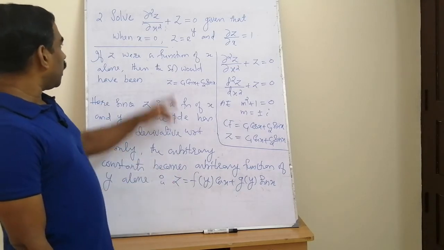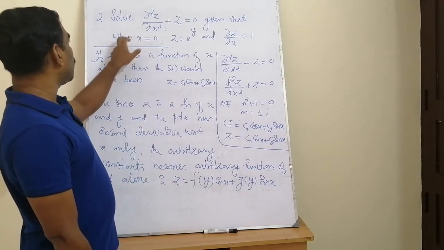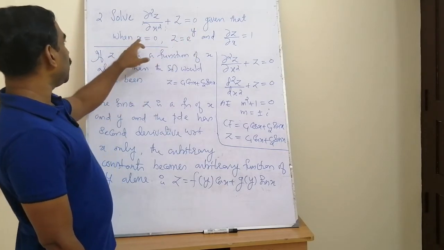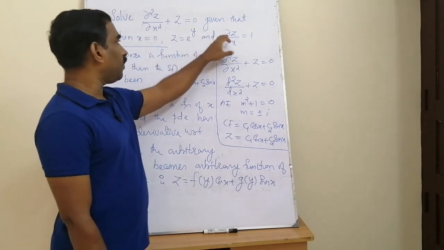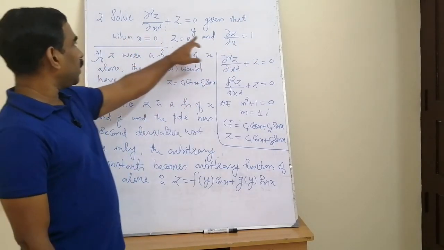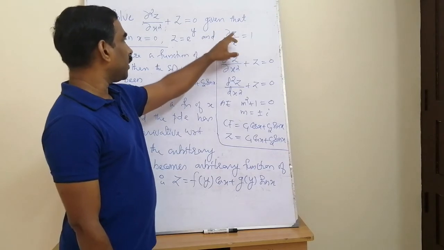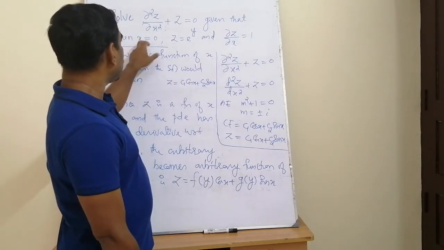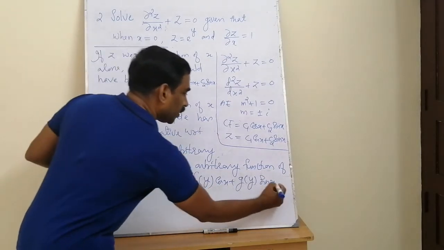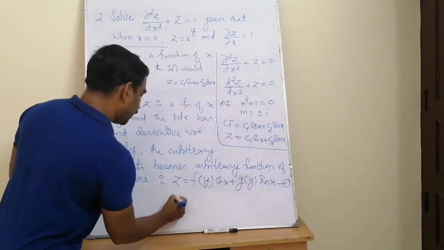Now here we have some initial conditions: when x equal to 0 the value of z is given as e raised to y, and another condition is when x equal to 0 its partial derivative with respect to x is 1. So two conditions are given. In order to apply the second condition, that is, when x equal to 0, dou z by dou x equal to 1, we have to differentiate equation number 1 with respect to x.